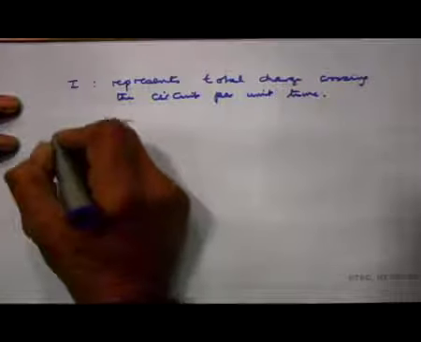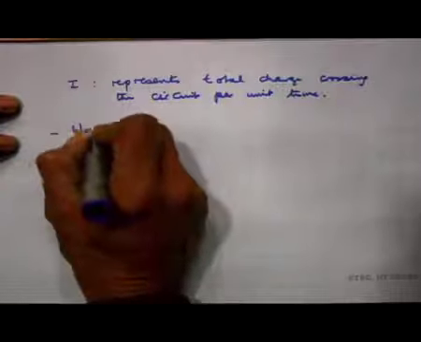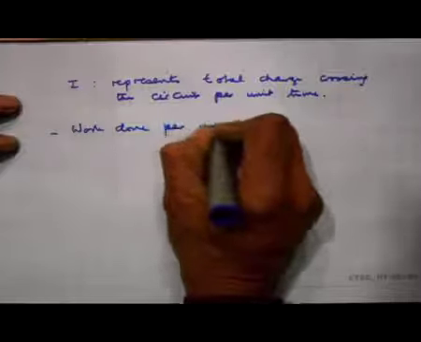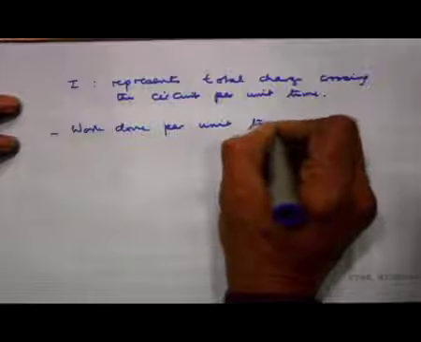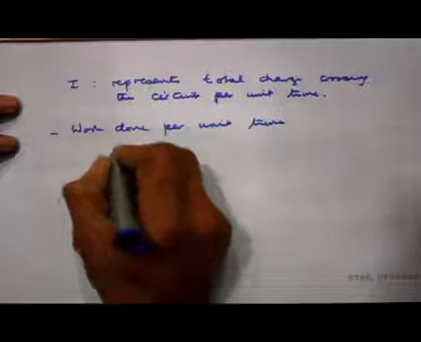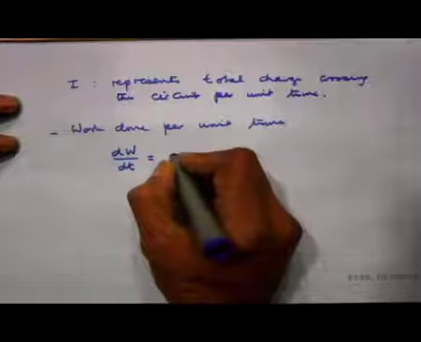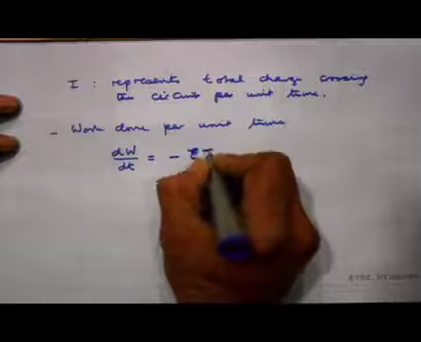If I neglect resistance or resistive heating, the work done per unit time, I call this dW by dt, is minus E times I.